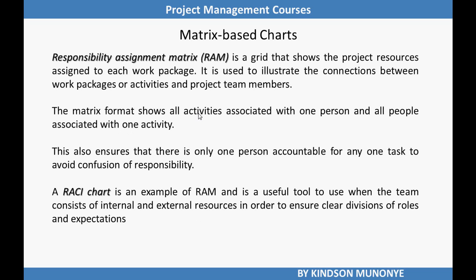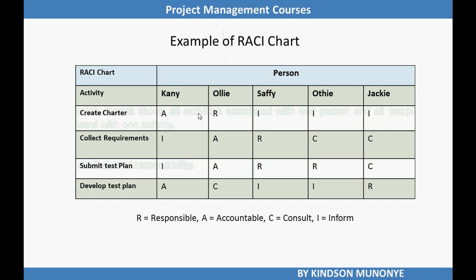A type of responsibility assignment matrix is the RACI chart. The RACI chart is a useful tool when the team consists of internal and external resources in order to ensure clear division of roles and expectations. An example of the RACI chart is shown here. Meanwhile, take note that RACI stands for responsible, accountable, consult, and inform.